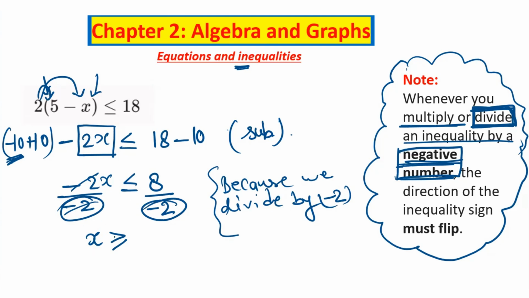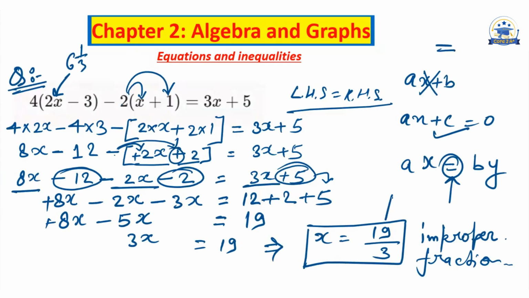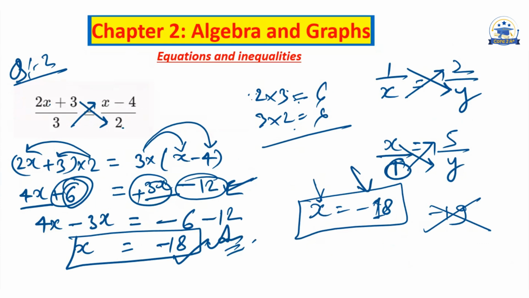Now this time x is greater than or equal to what? After simplification, it is negative 4. So what does it mean? The value of x is greater than or equal to negative 4. It means we don't have only a single value of x, right? Just like previous, where we had only a single value of x.